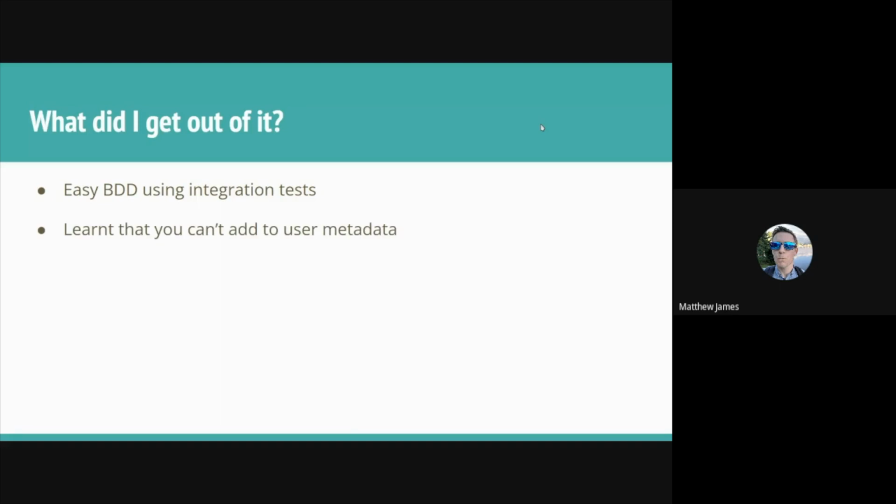I found that, I had some assumptions from other technologies about what I could do, say like a user. I assumed we'd be able to save some metadata about a user. So from Firebase Auth, I was expecting things like, I've got a user, I want to say the organization that the user is in.